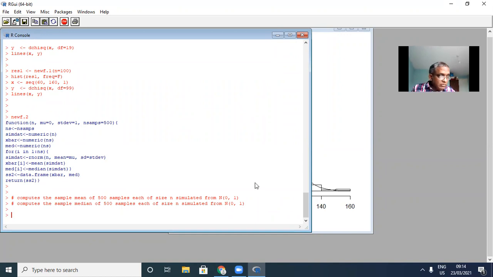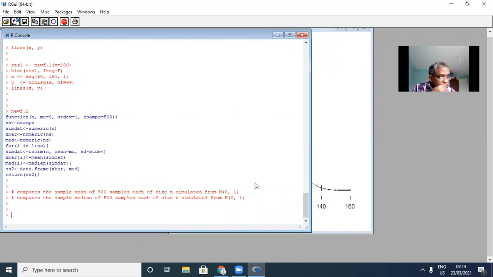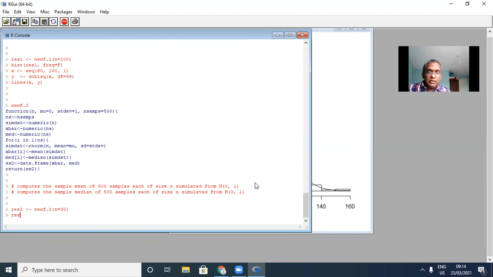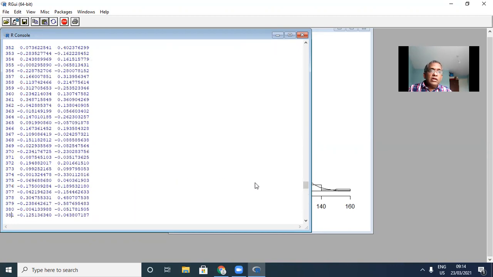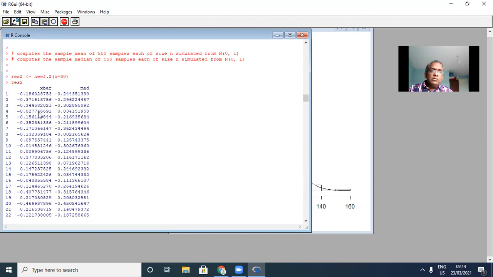So for example, it's on page 3 of the tutorial sheet, guys. If I type res2 with new f dot 2 and n equal to, say, 30, what you will see is the following. You will see 500 values in two columns.